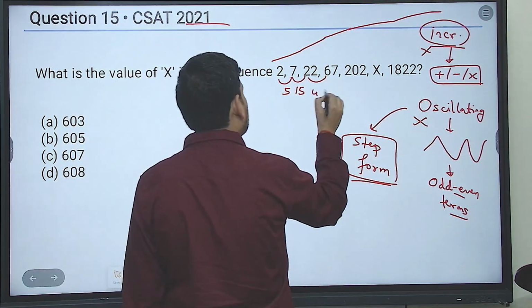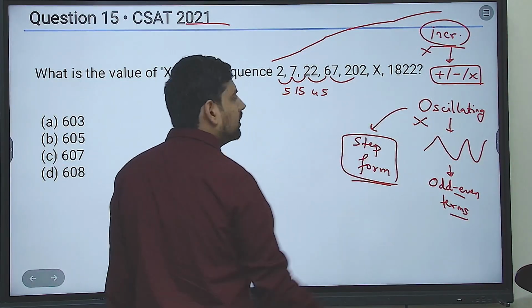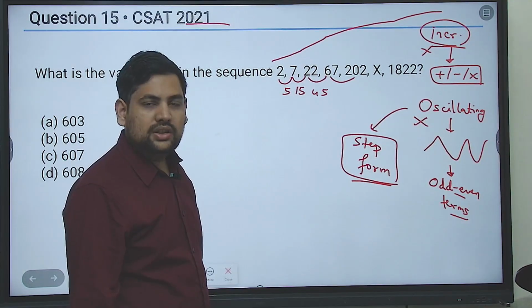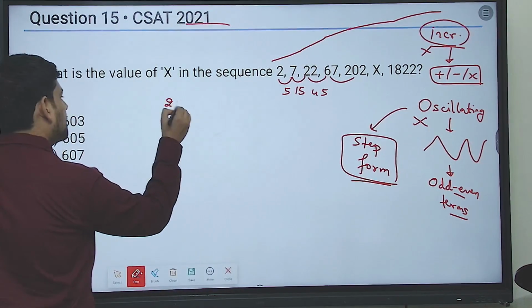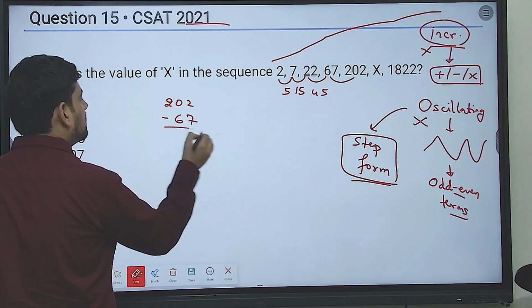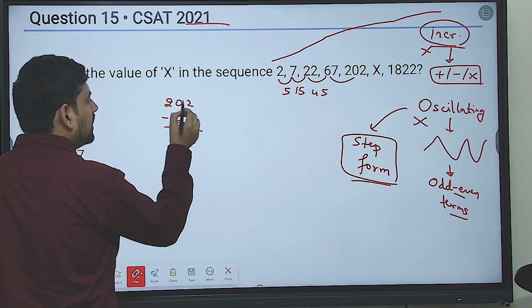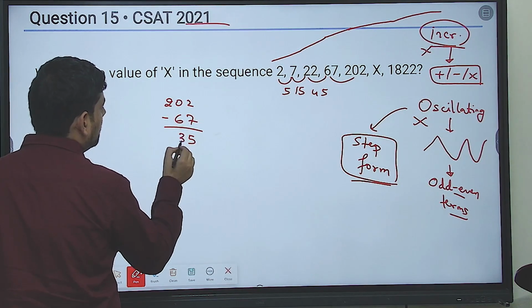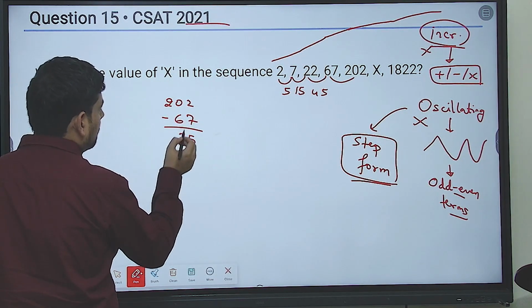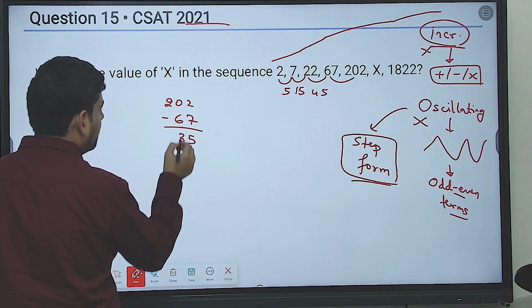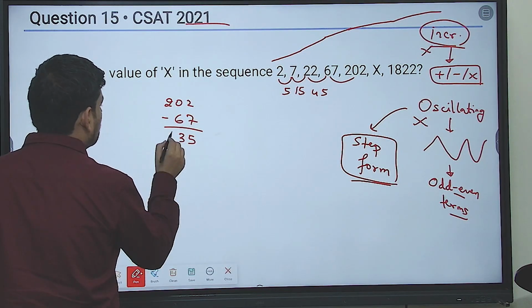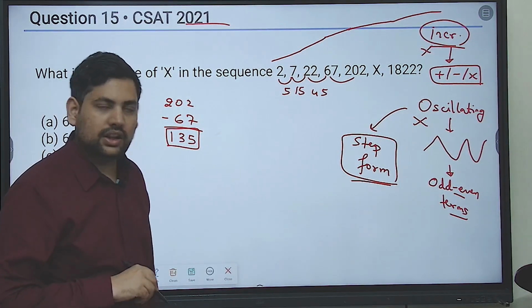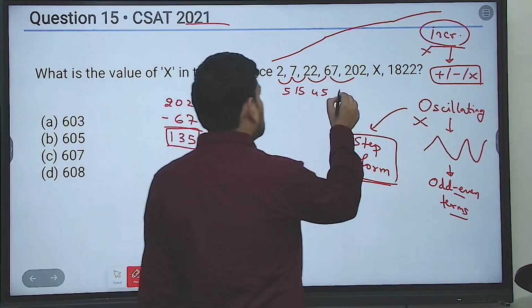Can you see the difference is changing very drastically, correct? Now 67 to 202, the difference is 135.